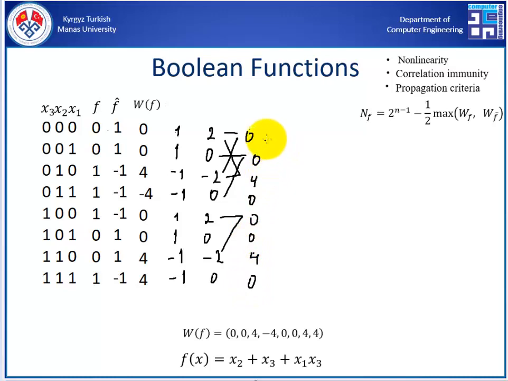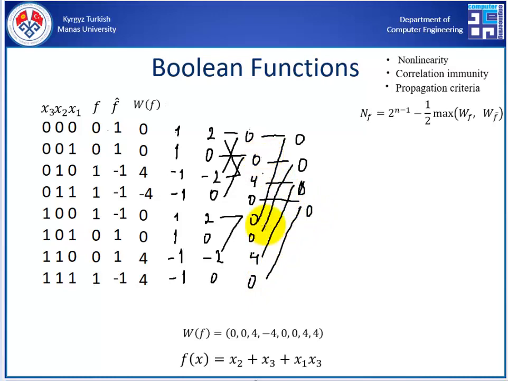At the last step we sum these two elements: 0. The sum of these two elements gives us 0. The sum of these two elements gives us 8. The sum of these two elements gives us 0.